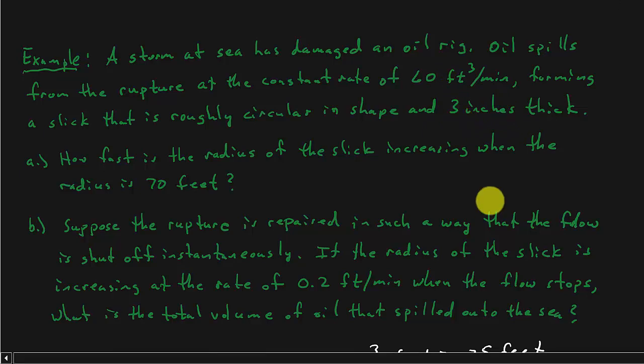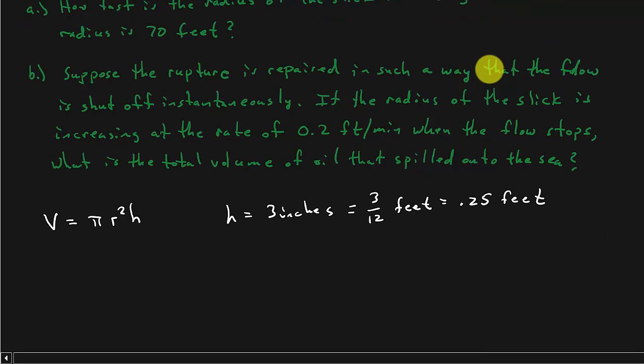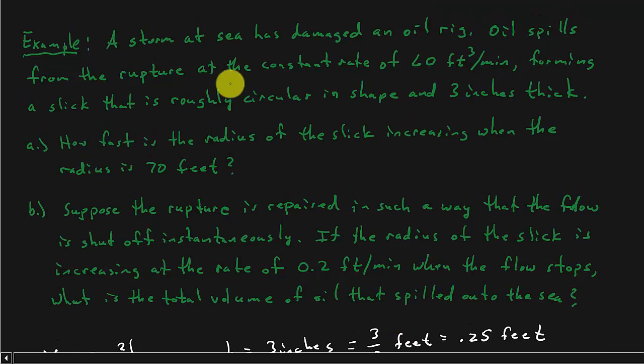Let's get some information that they tell us. They tell us that dV dt is 60, right? The oil spills from the rupture at the constant rate, so the rate of change of the volume is 60 cubic feet per minute.